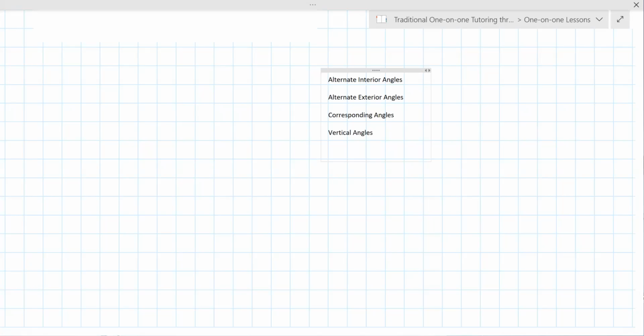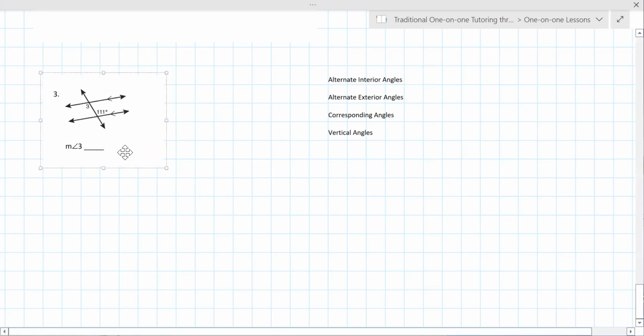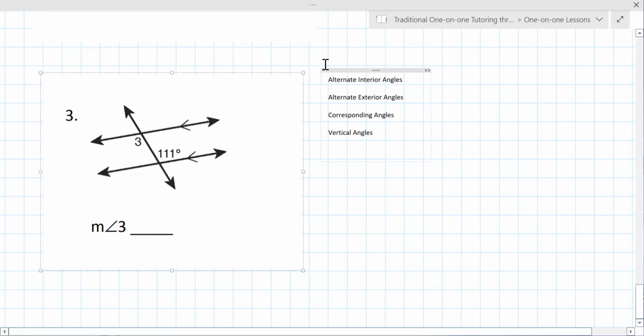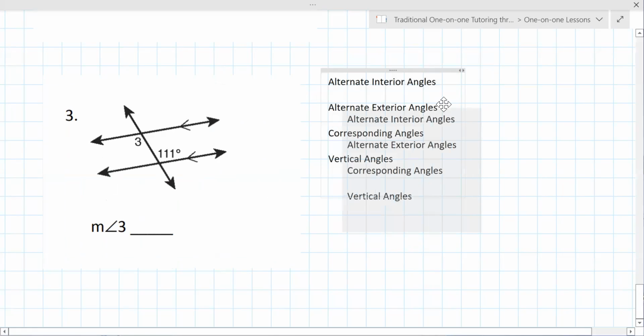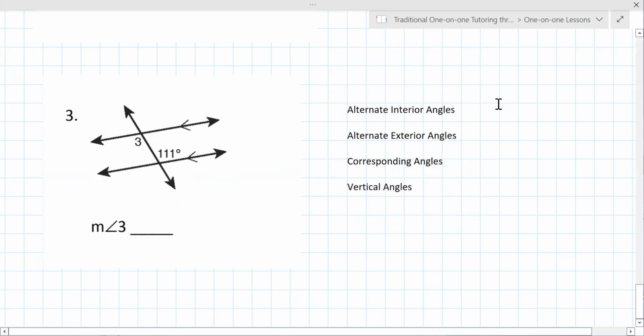All right, so let me snip in a new problem for us to look at. Okay, I want you to look at this problem here and tell me the measure of angle 3. But more importantly, can you tell me which of these 4 is the reason why?